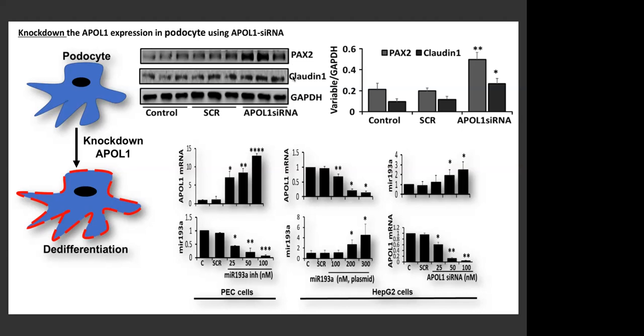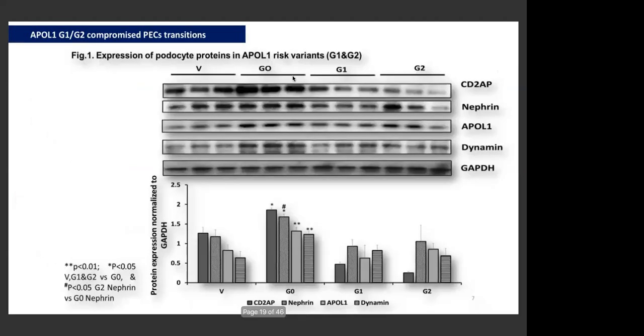So by doing this, we can say that APOL1 helps in the parietal epithelial cell differentiation, but at the same time it helps in keeping the integrity of podocytes also. If we decrease this expression, they start de-differentiating into the parietal epithelial phenotype.